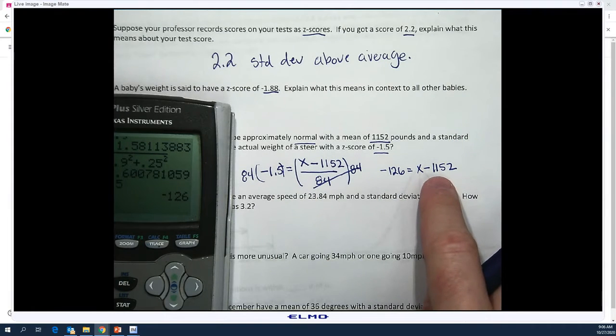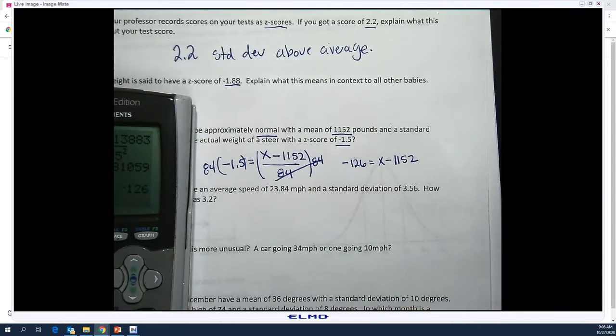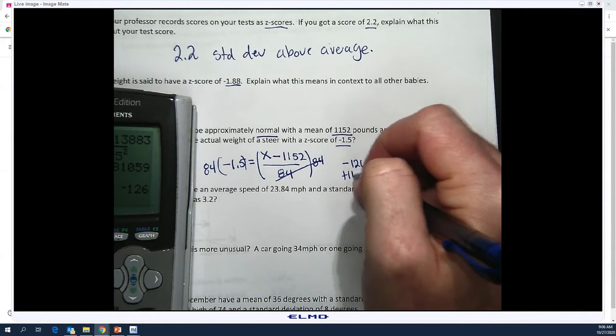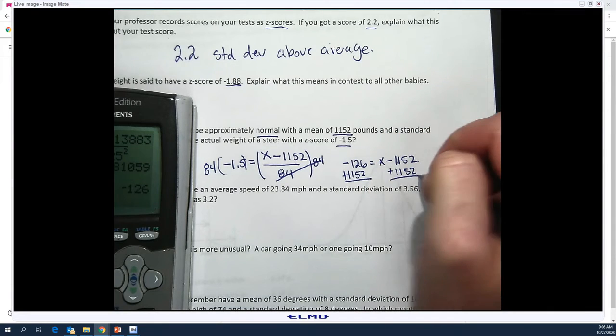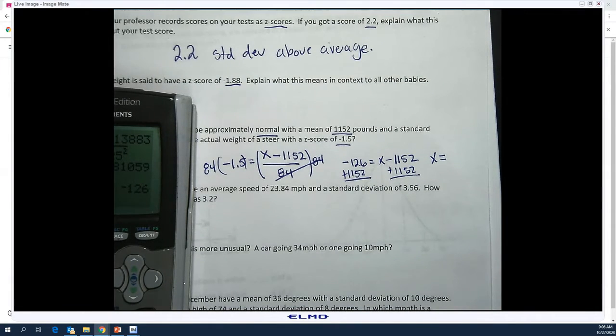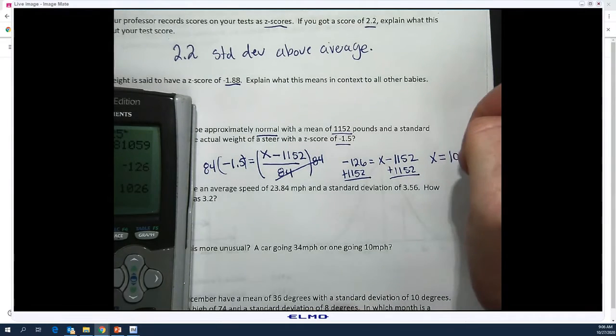Then we're just going to add 1,152 to both sides. And it turns out that x is equal to 1,026 pounds.